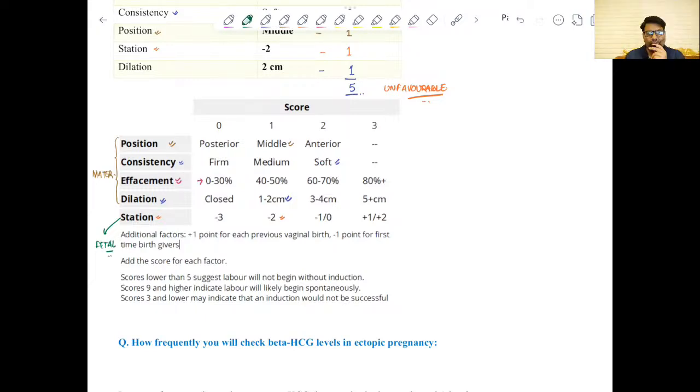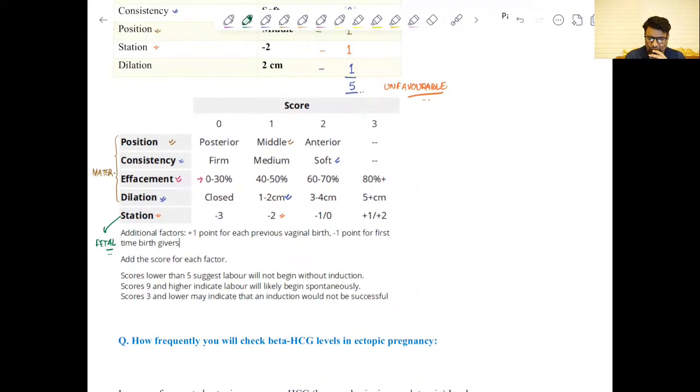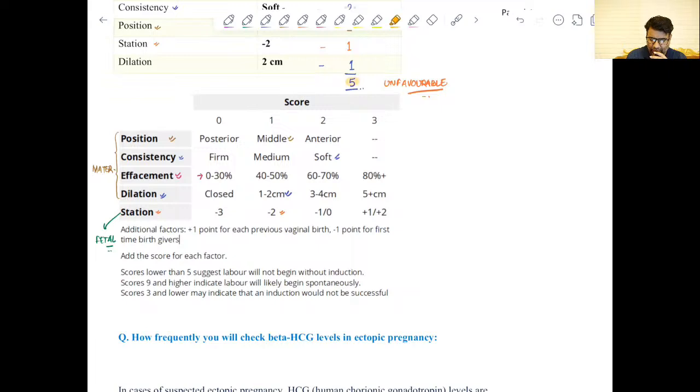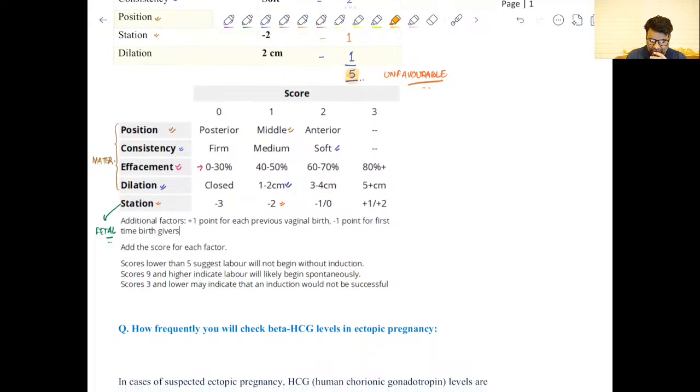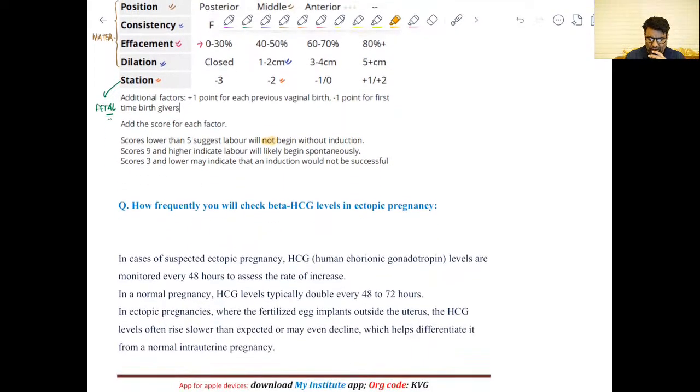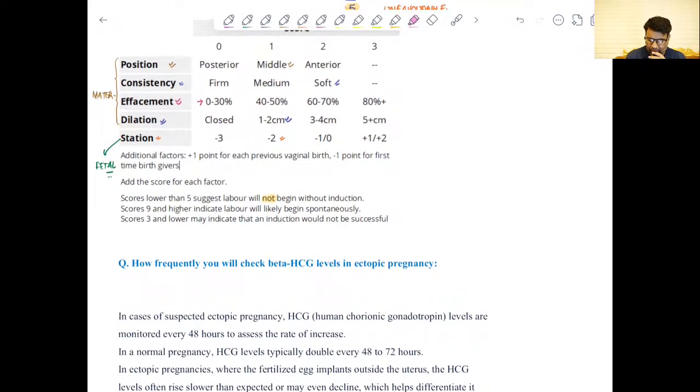It is a little difficult because it's not that easy to remember the entire table. Anyway, this was a score of 5, and a score of 5 suggests that labor will not begin without induction. So it is an unfavorable score.